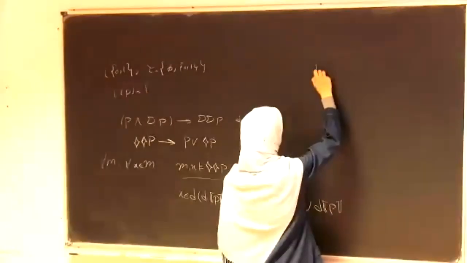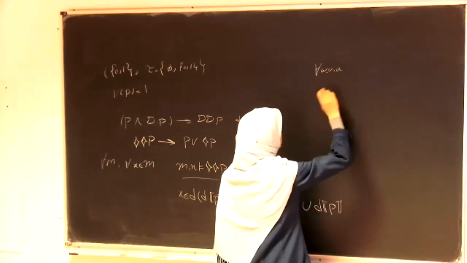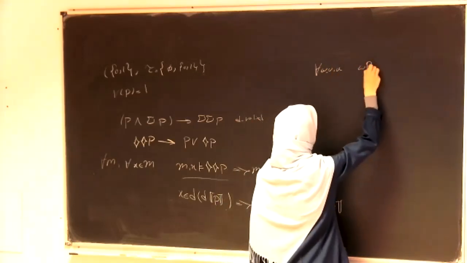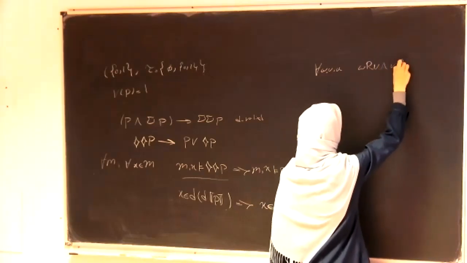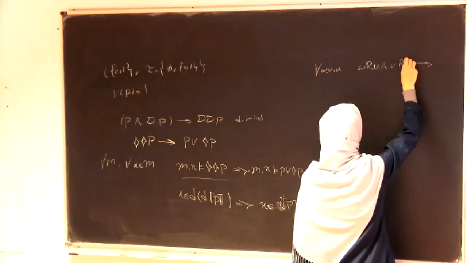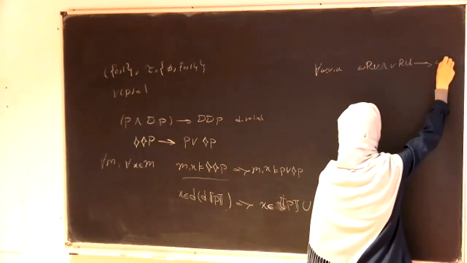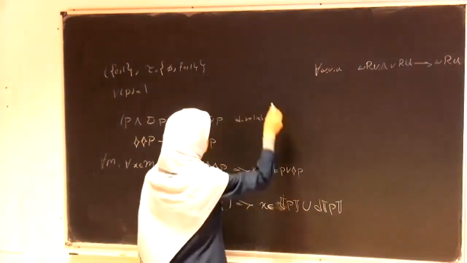In transitivity, we have that for any W, V, and U, if we have W R V and V R U, then we have W R U. It's a transitivity condition.